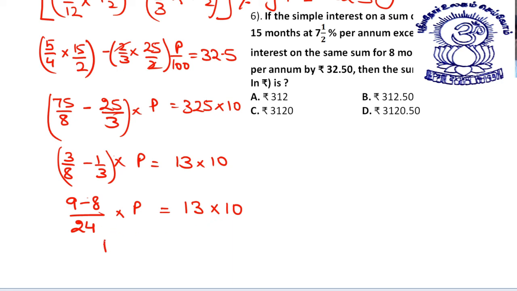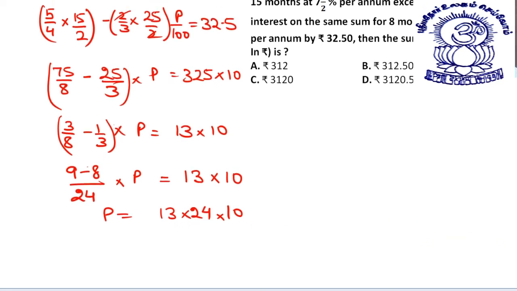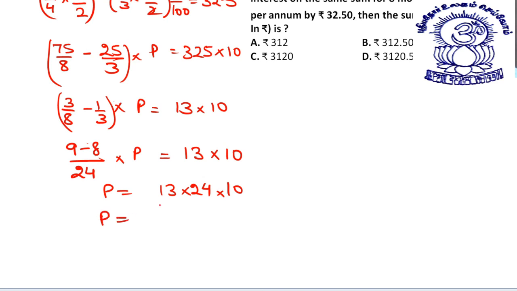So P becomes 13 into 10 into 24. 13 into 24 becomes 240 plus 72. 24 into 10 is 240, 24 into 3 is 72. So 240 plus 72 is 312 into 10, that becomes 3120. With all detailed calculation, nothing I've left, I've done everything in front of you. So your answer is option number C, that is 3120.